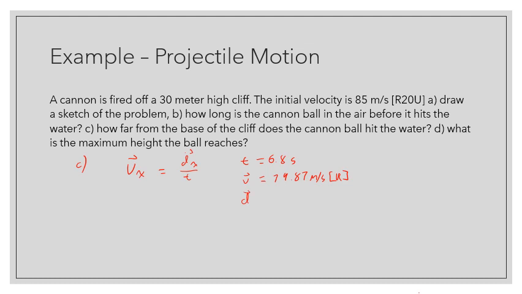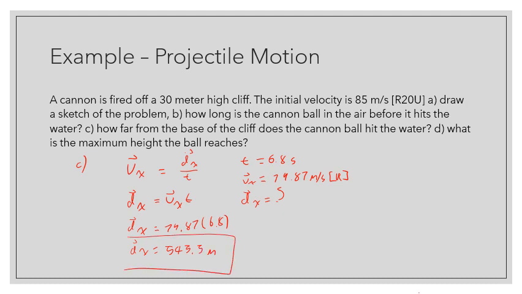So now we need to find the displacement in the x. Using some simple algebra, displacement in the x is equal to velocity in the x times t. So displacement in the x is equal to 79.87 times 6.8, which is 545.5 meters. That's how far away from the base of the cliff the cannonball hits the water.